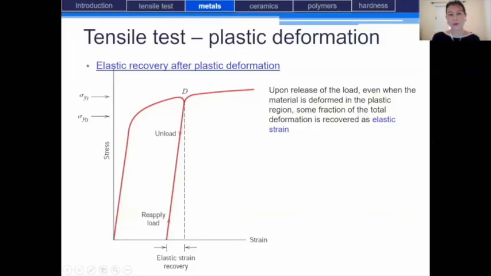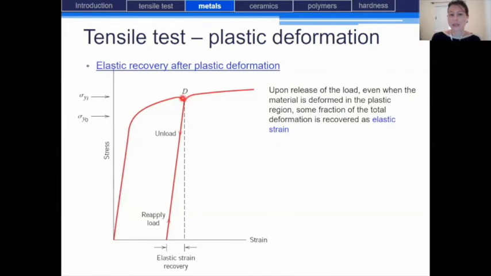So up to now, all the stress-strain curves that we studied are typical of metals. And let's see what is going to happen in a metal when we apply a tensile load to the material up to reaching the plastic deformation and then release the load.